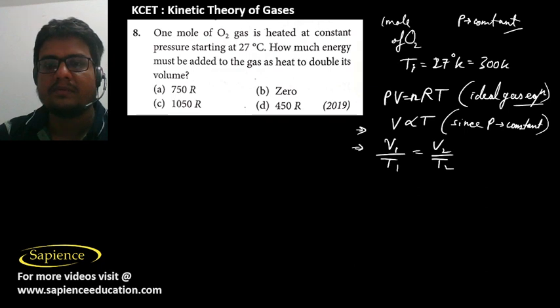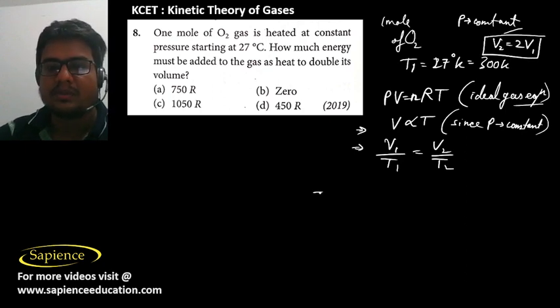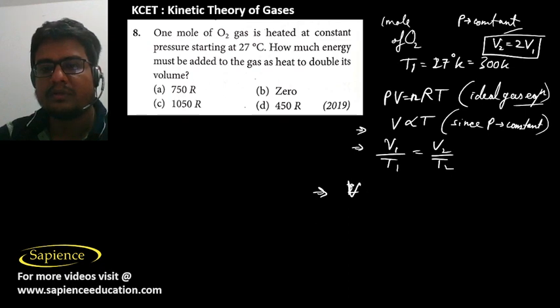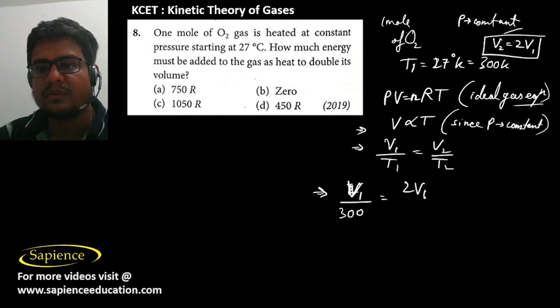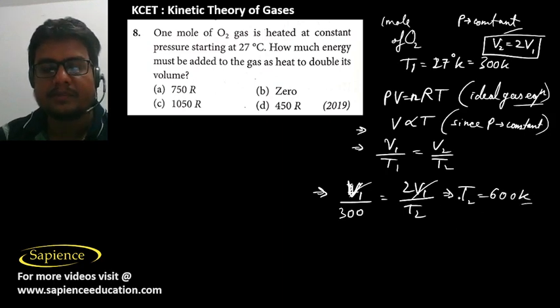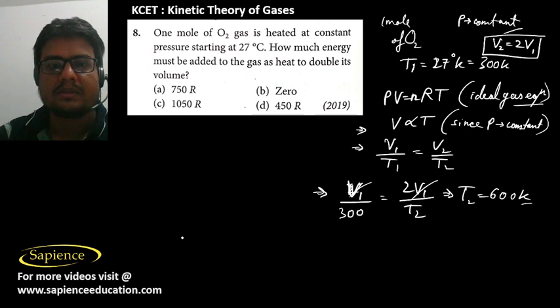The final volume V2 is 2 V1, since the volume is doubled. So V1 by T1, which is 300 Kelvin, equals 2 V1 divided by T2. So T2 should be equal to 600 Kelvin. Now how much energy should be supplied?